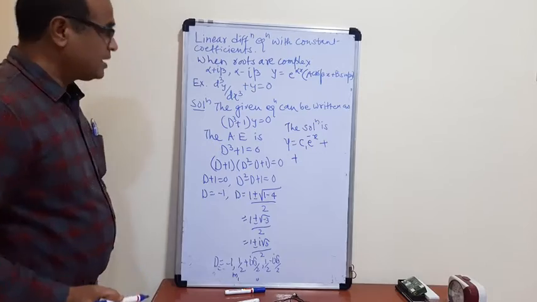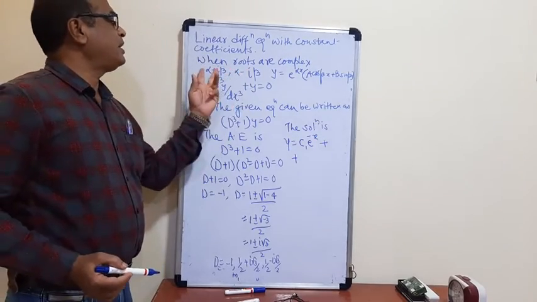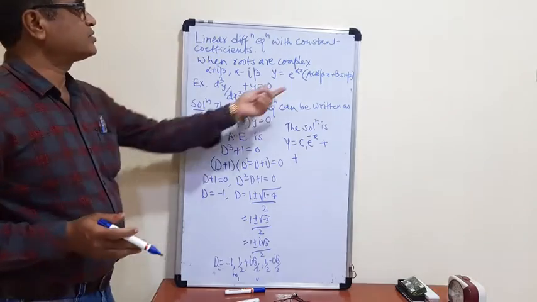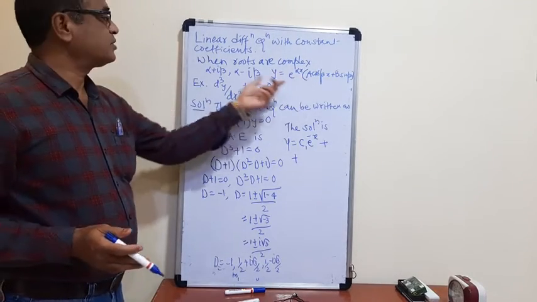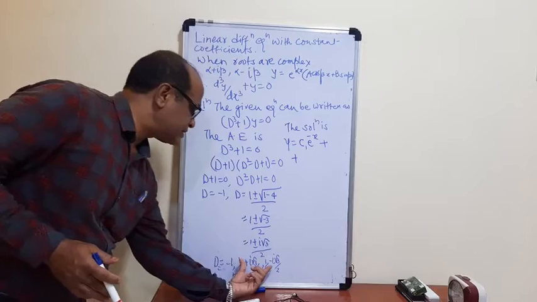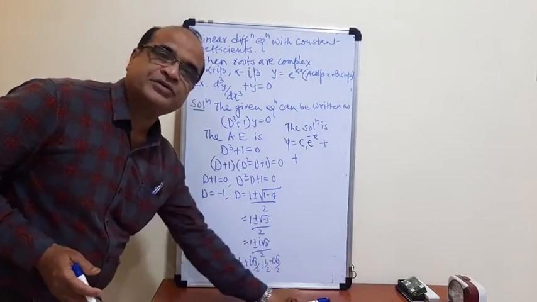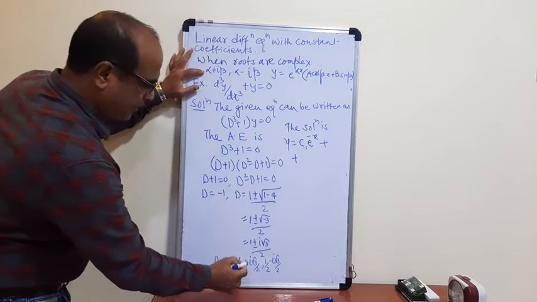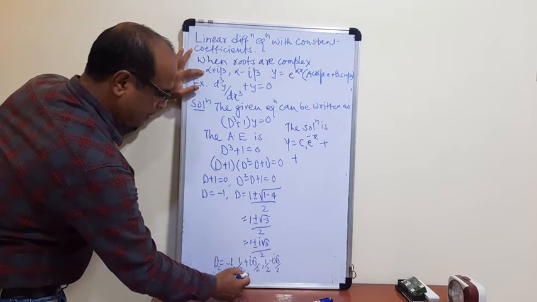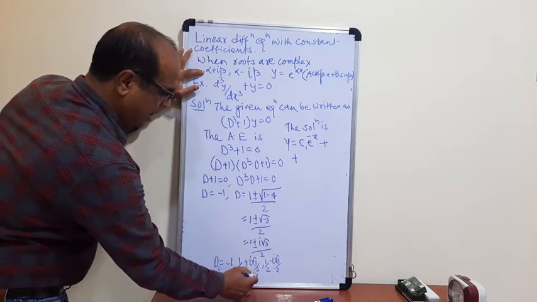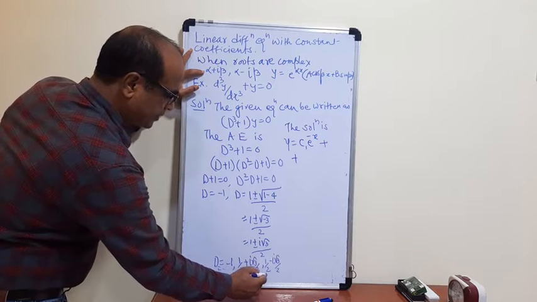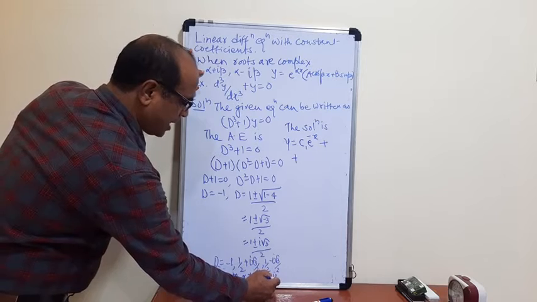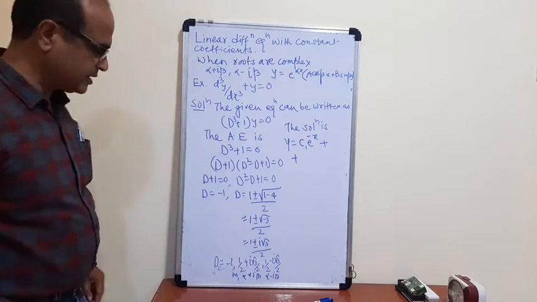So alpha plus i beta and alpha minus i beta are the roots, and these are the imaginary roots. Here these are also imaginary roots: this is alpha plus i beta and this is alpha minus i beta. What is alpha?